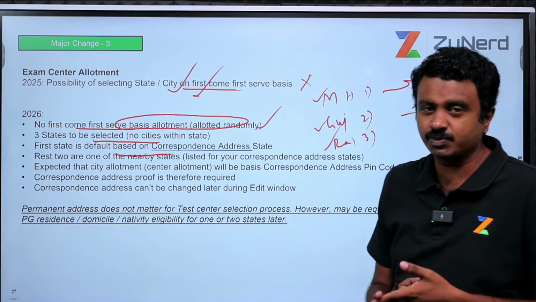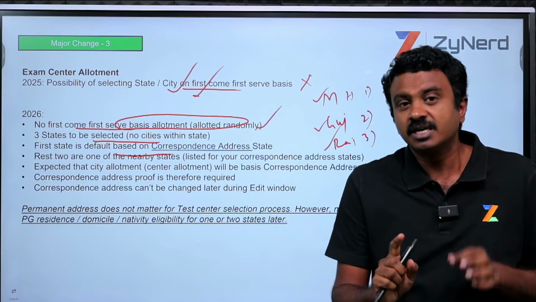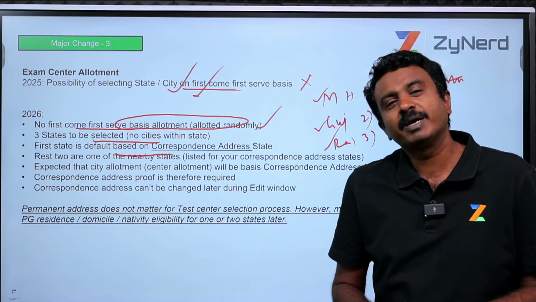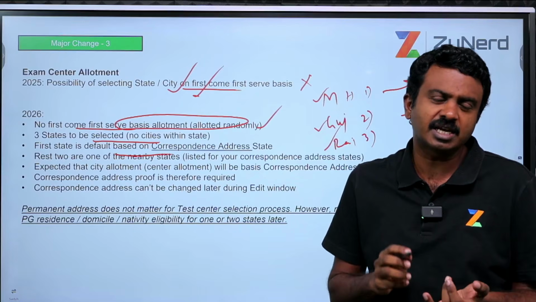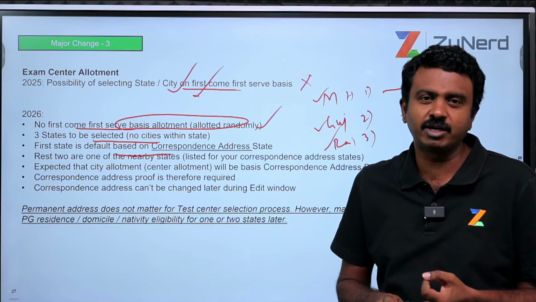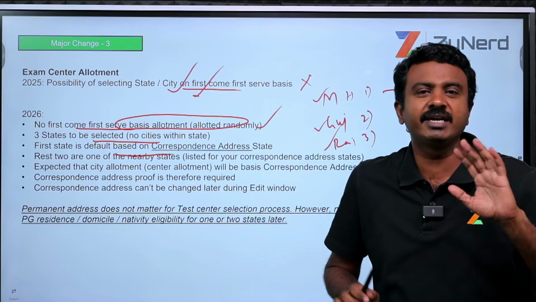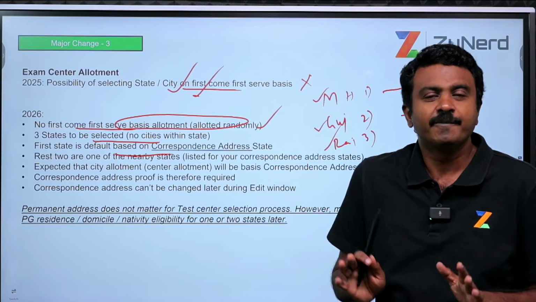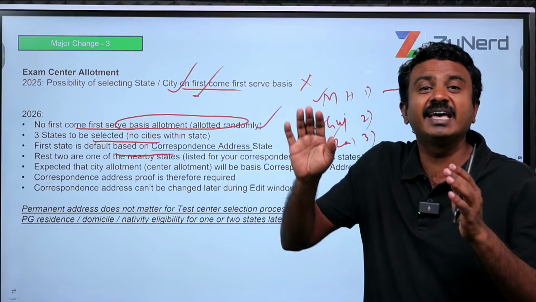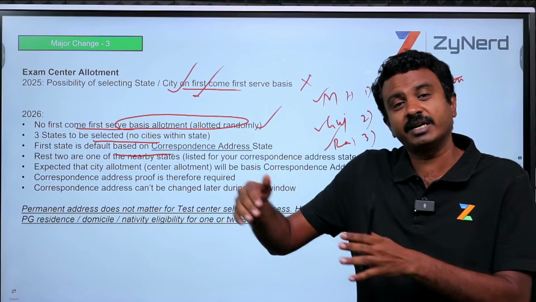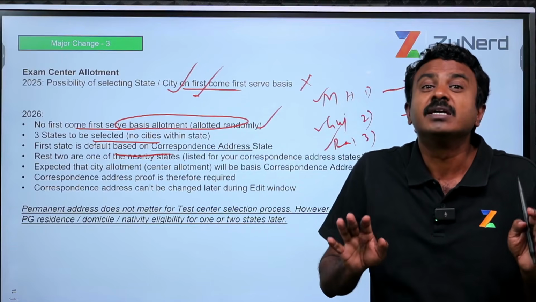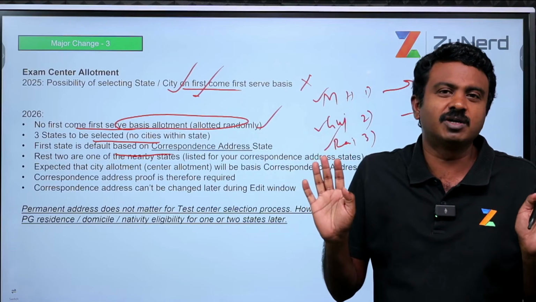You would give a correspondence address, not your permanent address, which might be any address which is not in your Aadhaar card, not in your PAN card, nothing related to your voter ID. You're just going and renting out a place for coaching. You're just going to write the examination in a particular center because you're attending a marriage the previous day. That might as well be your correspondence address.